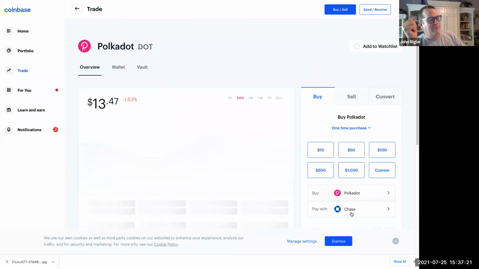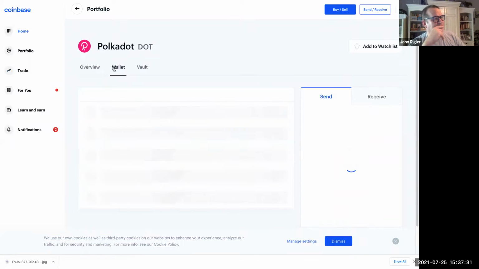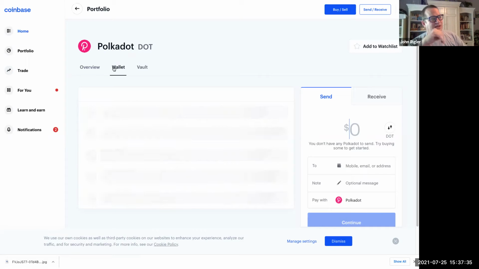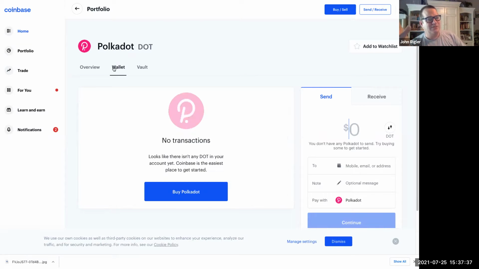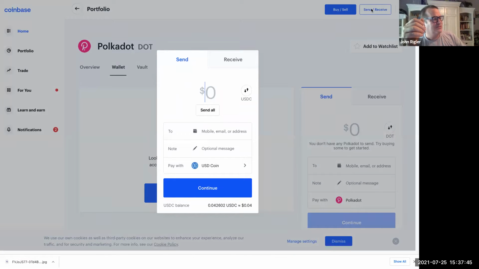It has a way for me to buy or whatever, but I don't want to buy it. I want to go to the wallet here, and yeah, Coinbase has a Polkadot account, and let's see, say send or receive.